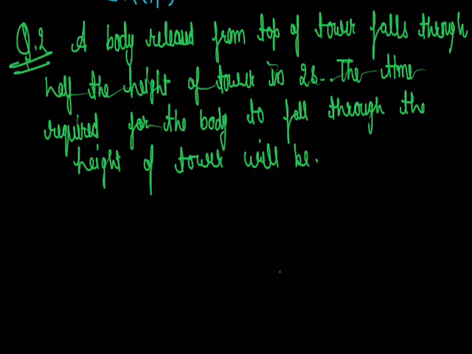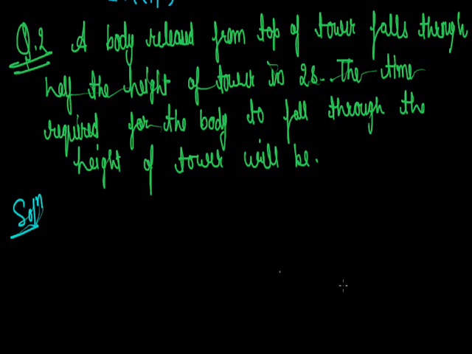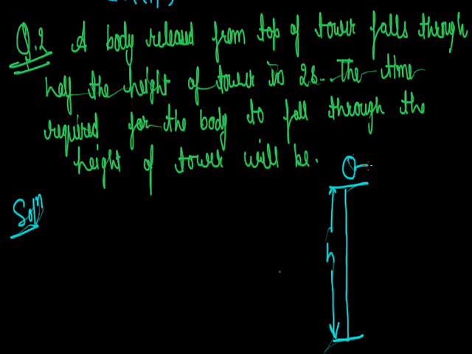As it is given in question, a body released from top of tower falls through half the height of tower in 2 seconds. Suppose a tower of height h. Now a body released from the top of tower means its initial velocity is 0 and it covers half the height of tower in 2 seconds, means when it covers the distance of h by 2, the time will be 2 seconds.